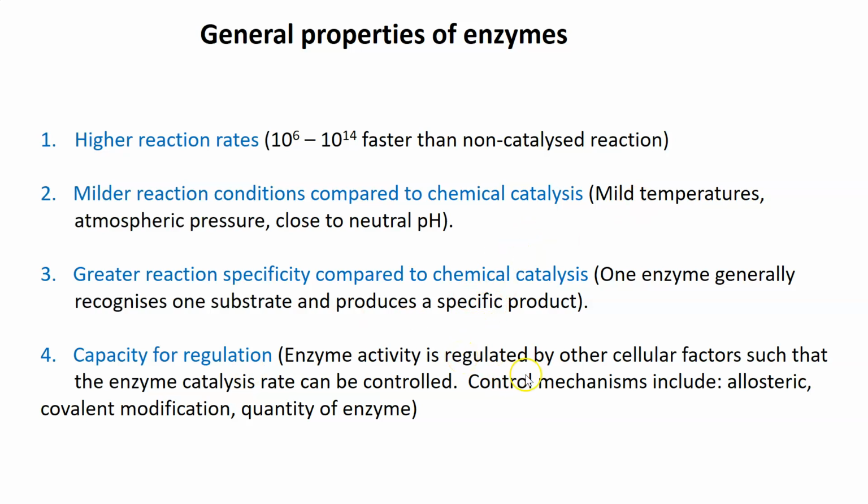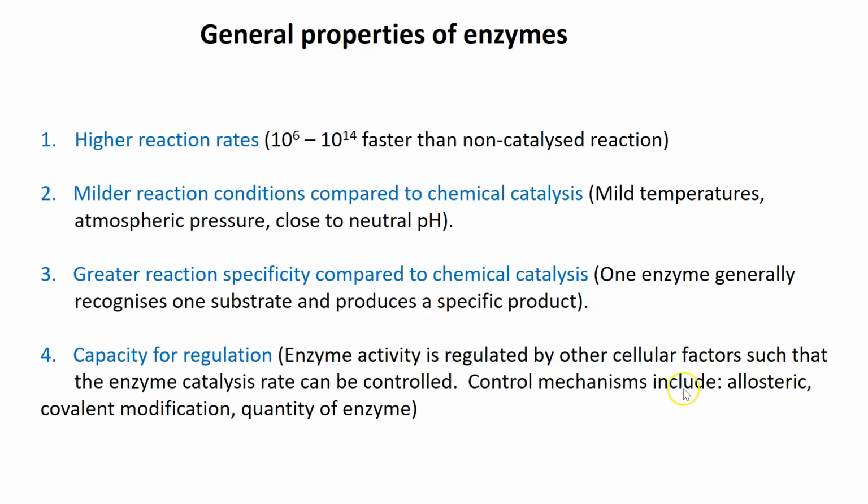We have ways to regulate an enzyme's speed of catalysis, if you like. We can also switch them on or switch them off. So there are different ways by which we can regulate enzyme activity.